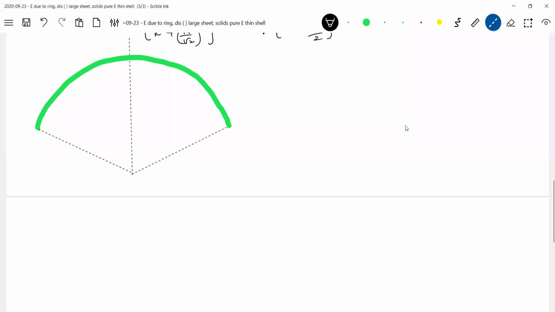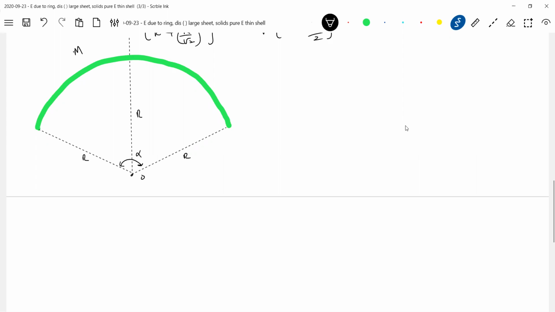So where that arc is subtending an angle alpha here. So let the mass be this one, let r be the radius of the arc. So at point O, we have to calculate the field strength.